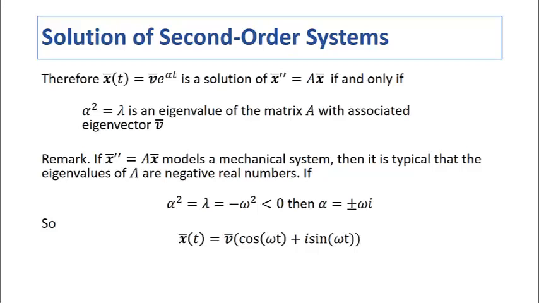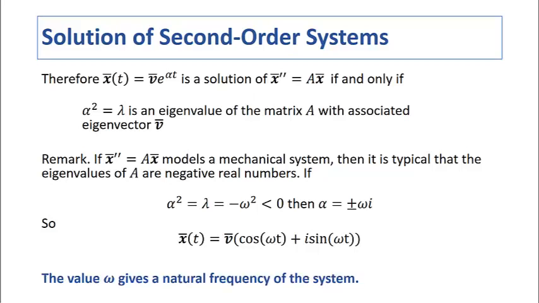And so our general solution of our system will be x equals the vector v times cosine of ωt plus i sine of ωt. This is just because if our eigenvalues are complex numbers, then recall from previous work that this is the form that our general solutions will take, cosine plus i sine. And notice that the value ω gives a natural frequency of the system.